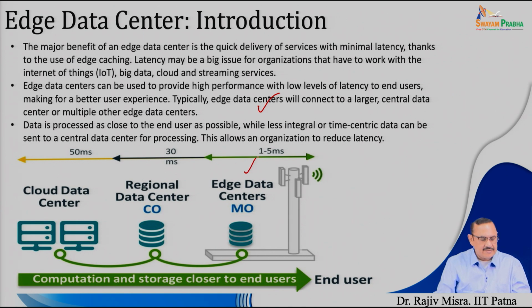These are the edge data centers, which are now connected to the regional data centers and the cloud data center, which is quite far away. Data is processed as close to the end user as possible, while less integral or less time-critical data can be sent to the central data center for processing. So, this allows the organization to reduce the latency.